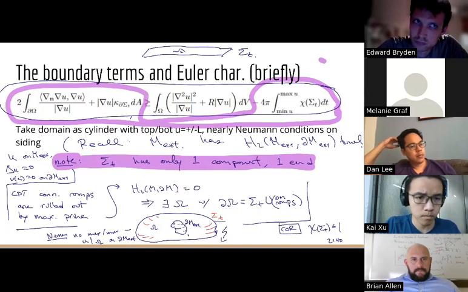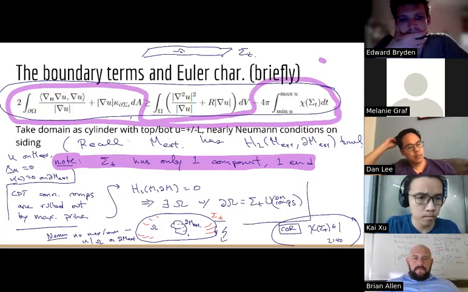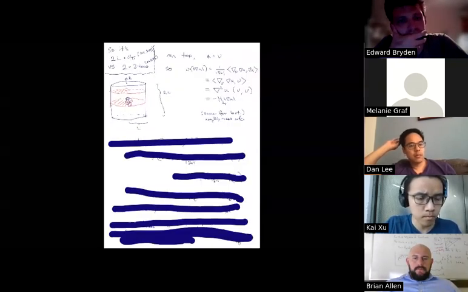Okay, and then with a little bit more analysis, you can show that the Euler characteristic of all the level sets has to be less than or equal to 1. That will help deal with this Euler characteristic term. Okay, and then this is the point.